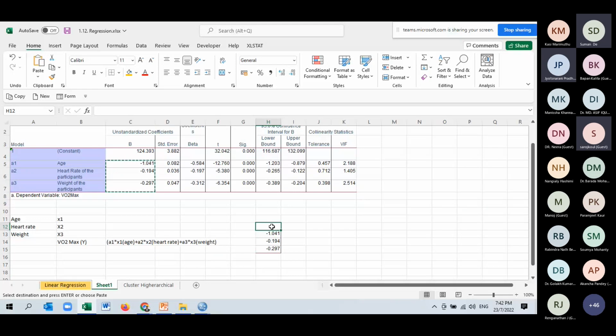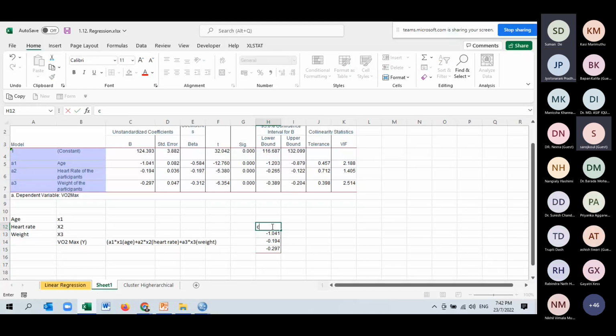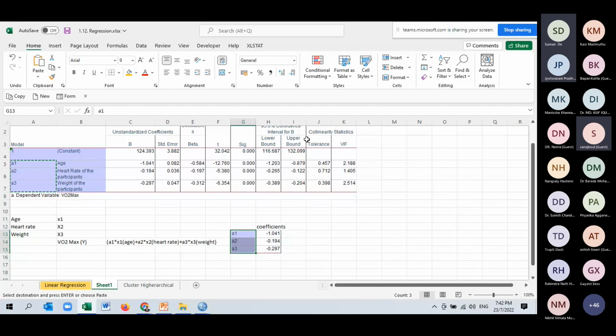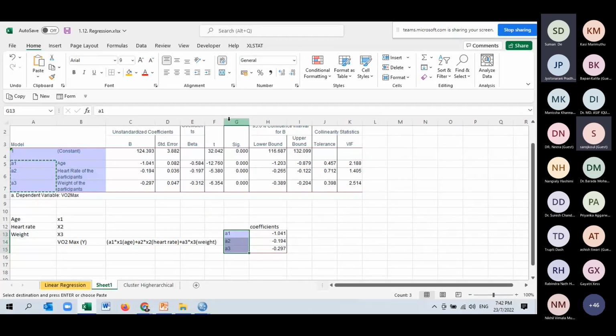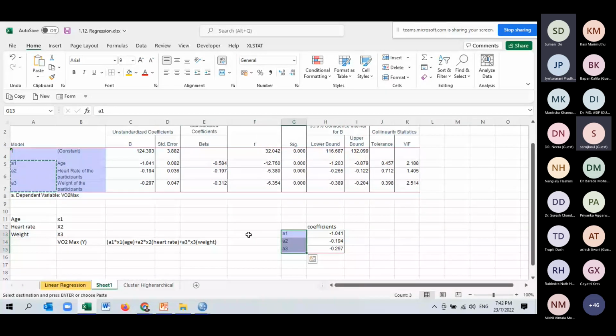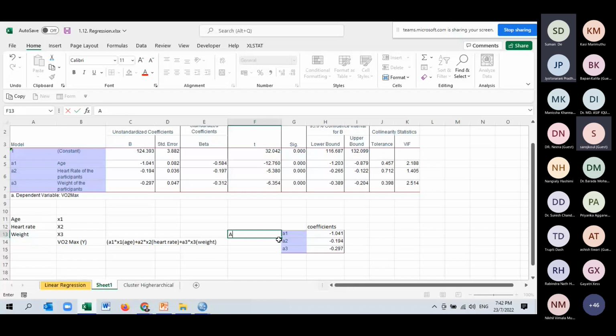You can also go for A1, A2, A3. So this is age, this is heart rate, this is actually weight.